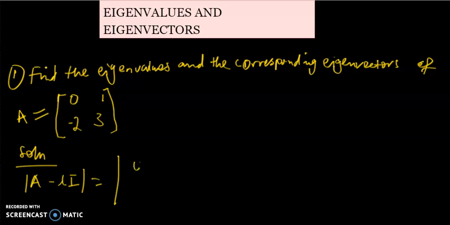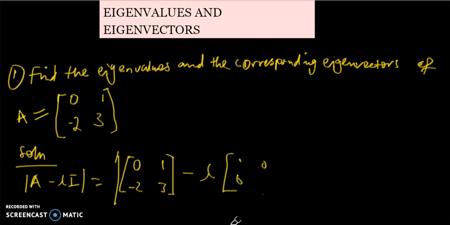We will have 0, 1, -2, then we have 3. This is the matrix that we are going to find the determinant of, but then minus we have lambda, and the identity matrix for this 2 by 2 matrix would be 1, 0, 0, 1.